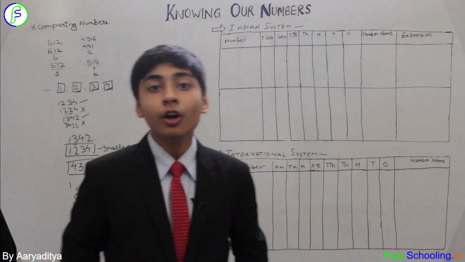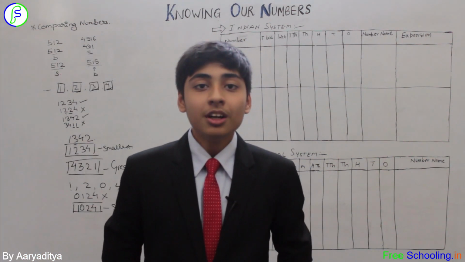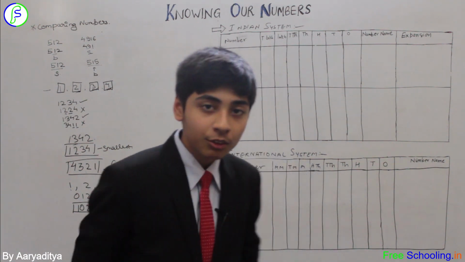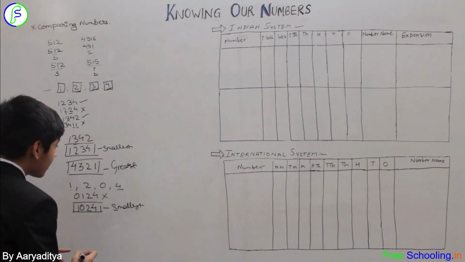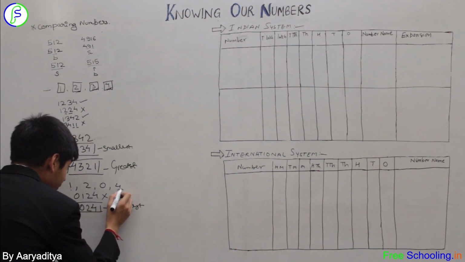If we need to obtain the greatest number from the given set of digits, what do we need to do? Simple. From the leftmost side, the greatest digit should come first, that is 4.